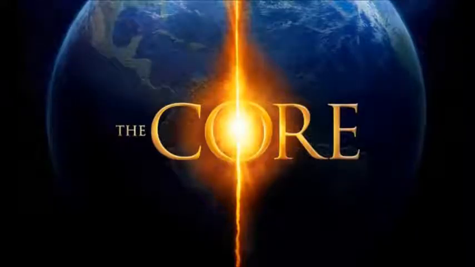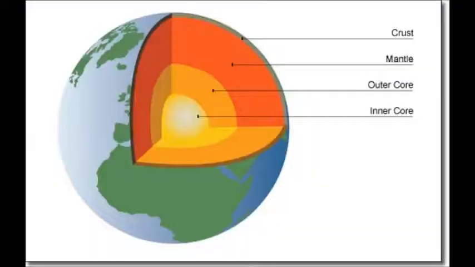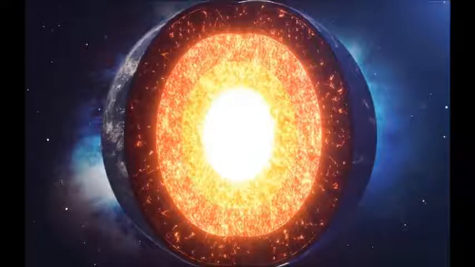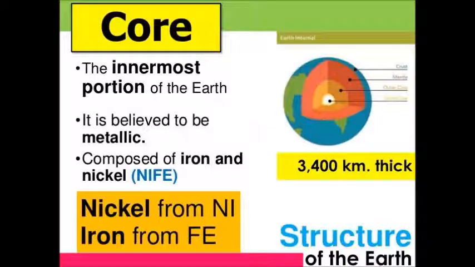The core is the innermost layer of the earth. The depth of the core is up to 6,371 kilometers from the surface of the earth. The most important materials of the core are nickel and ferrous. As it largely consists of nickel and ferrous, it is known as NiFe.